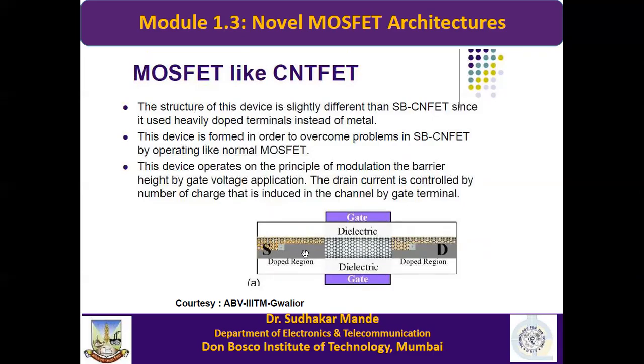This device operates on the principle of modulating the barrier height. The height of the barrier is changed by the gate voltage, and thus the drain current is controlled by the number of charges induced in the channel. So its operation is just like a MOSFET.